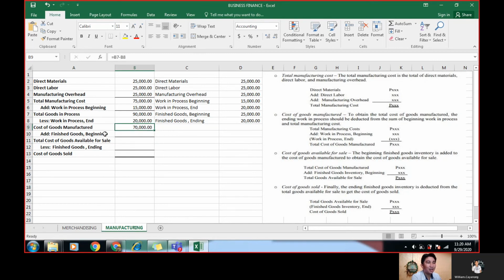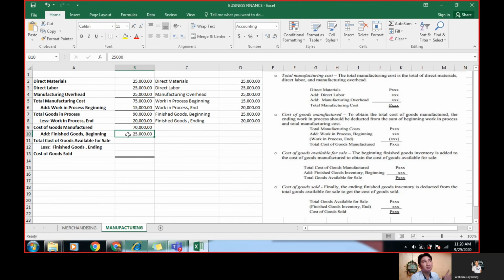Now, we are going to add the finished goods beginning para makuha natin yung cost of goods available for sale. Okay? Cost of goods available for sale again, the beginning finished goods is added to the cost of goods manufactured to obtain the goods available for sale. Okay? So, in the problem, the finished goods beginning is 25,000. Now, ito yung finished goods.